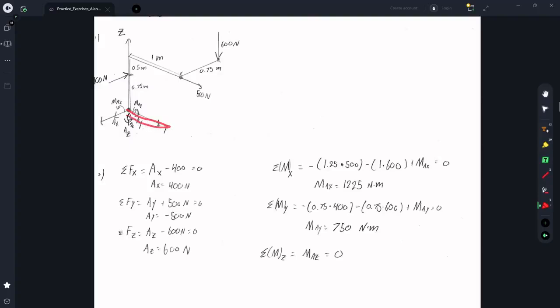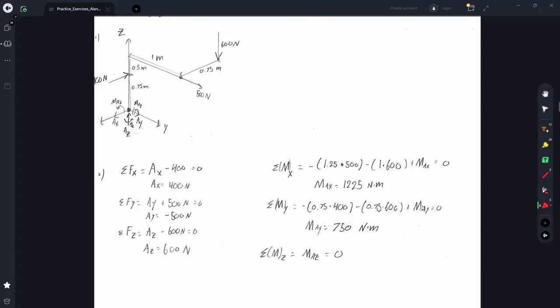So to solve for the moments about the y-axis, it's the same deal. Okay, this is the y-axis. There's going to be one moment caused by that moment arm and this 400 Newton force, and that is a rotation that is negative because it's clockwise about the y.